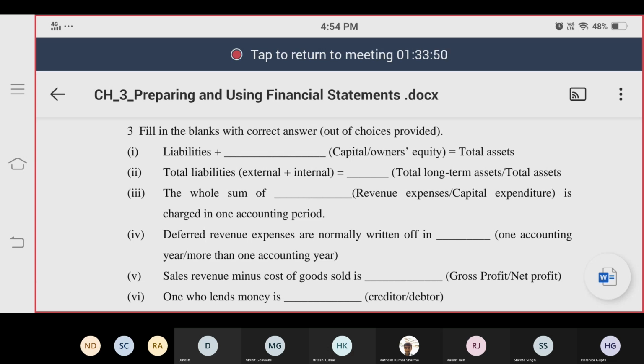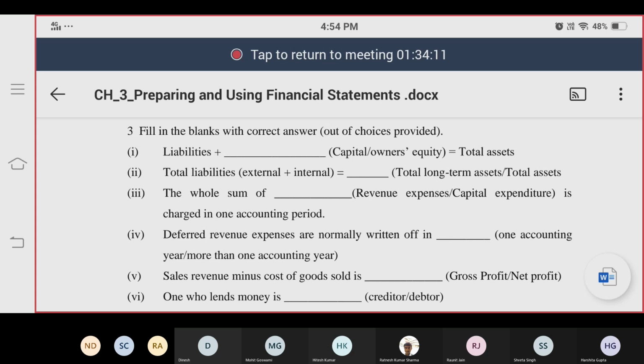Okay, thank you. Okay. Next, the whole sum of dash, that is revenue expenses or capital expenditure, is charged in one accounting period. What is charged in one accounting period? Are all the revenue expenses charged in one accounting period or capital expenditure?